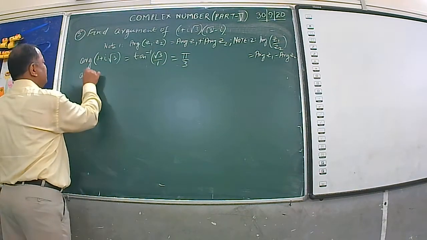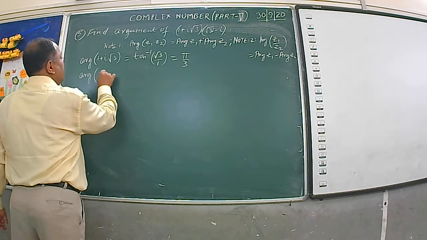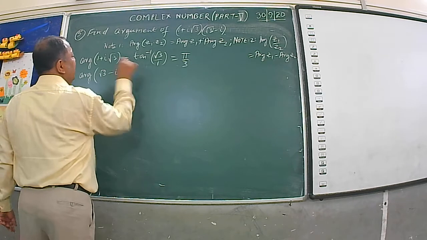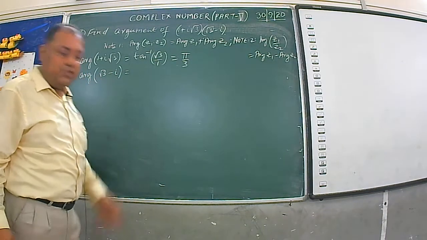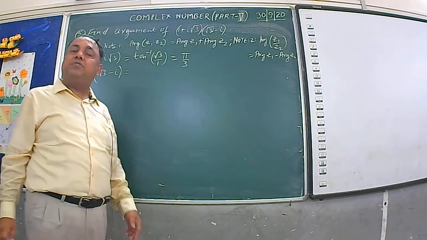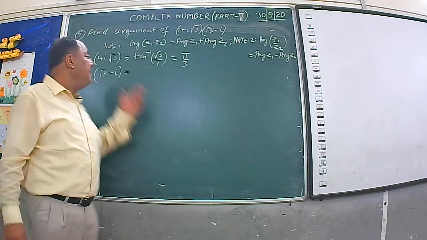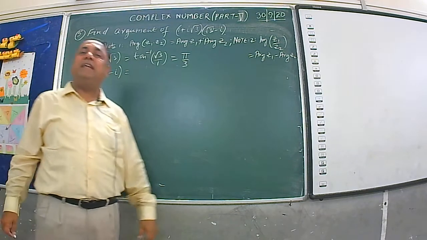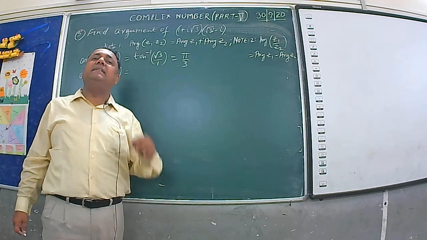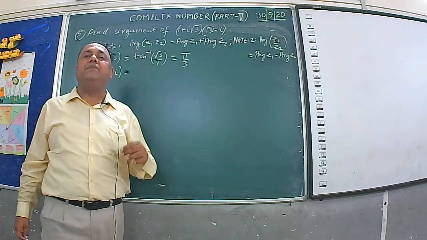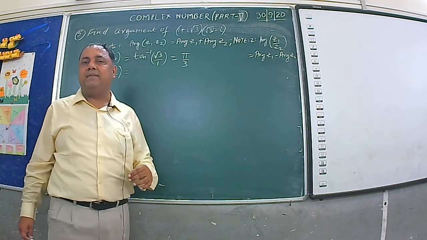Argument of root 3 minus i: root 3 is positive, and the y portion is negative. This complex number is in the fourth quadrant in our Argand plane.